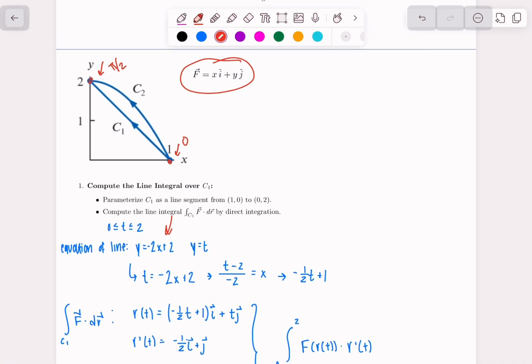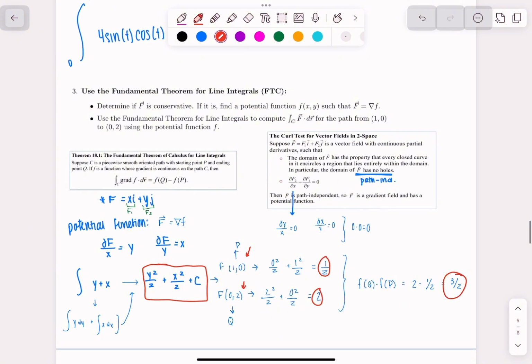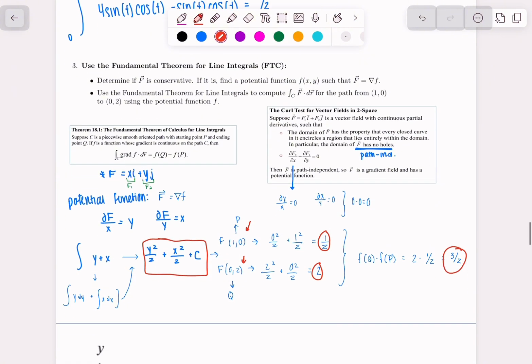So we are basically proving that it is conservative and path independent, and therefore any of these methods work and can be applied to find what the line integral is for this function.